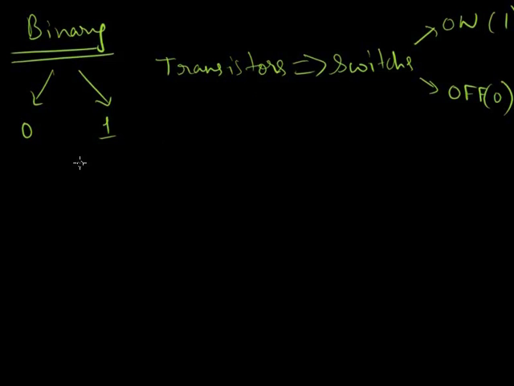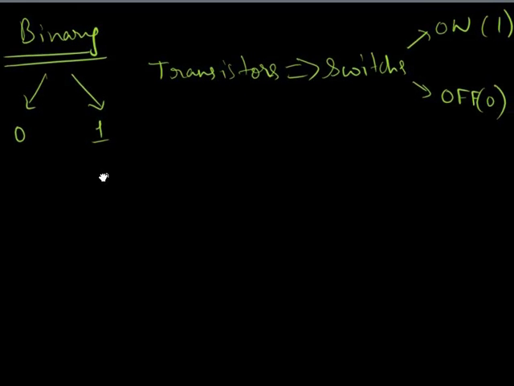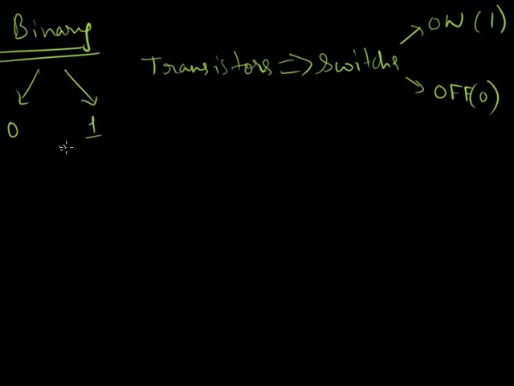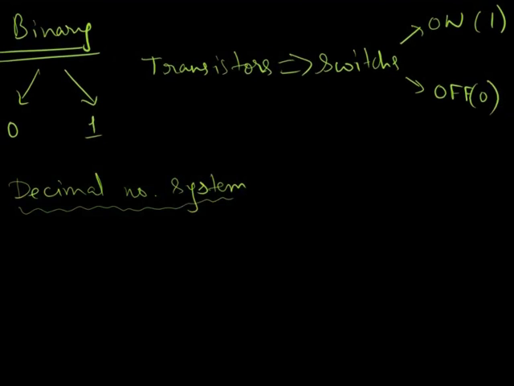Now there arises a small problem here. We humans understand the decimal number system. Let us say, for example, a number 123. How do we recognize that it's number 123?